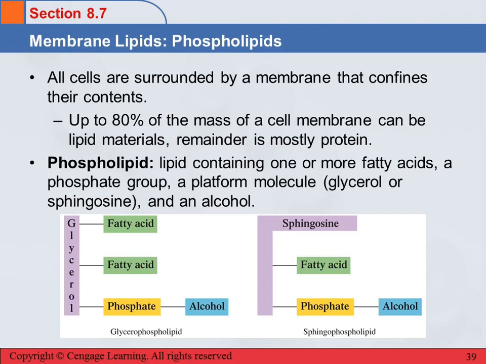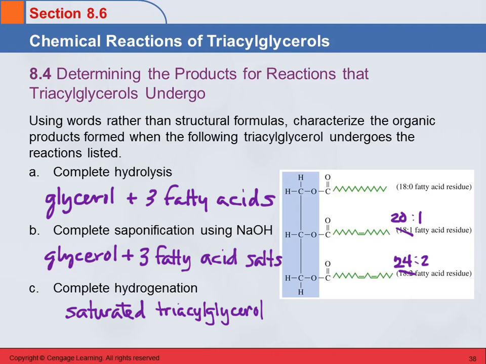Since there are two double bonds in the bottom one, would you need more hydrogen? You would need more hydrogens. And what was important there, if we can go back, is it does say complete hydrogenation. If it was partial hydrogenation, it would be hard to predict what would happen.